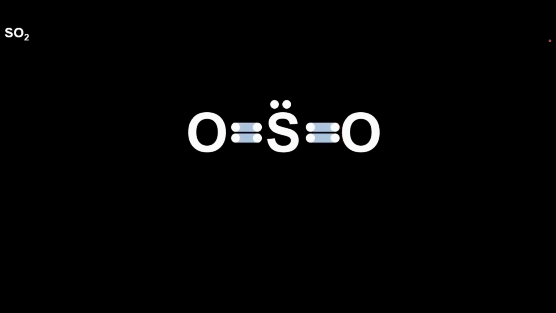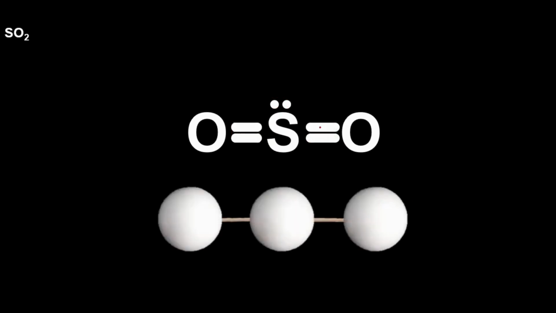Here we have SO2, and we have 3 electron groups. We have this one, and also this one, because these are also electrons. So overall, we have 3 electron groups. First, this is the ball and stick model.